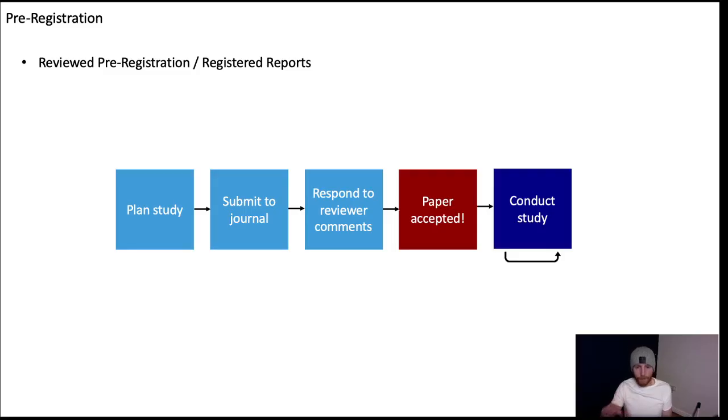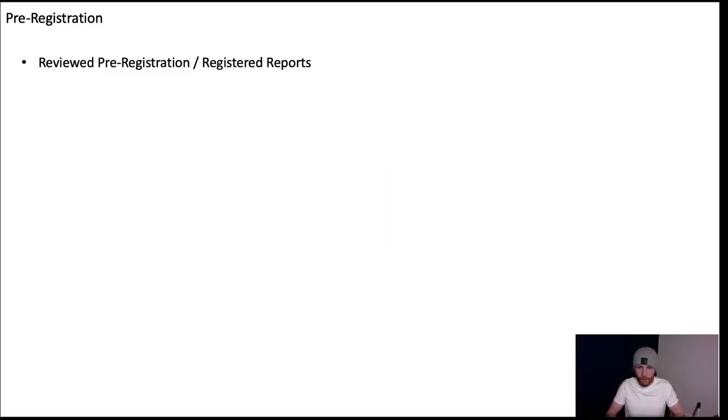You go through the peer review process, and once it's accepted, only then do you conduct the study. So this has benefits over the previous, unreviewed version, in that you have a guaranteed publication once you've collected your data, regardless of the results.